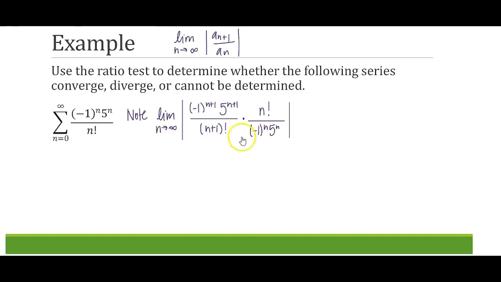Alright, now let's address the absolute value bars. The absolute value bars are going to actually eliminate for us these alternating terms. So negative 1 to the n plus 1, negative 1 to the n, those absolute value bars will allow us to ignore those terms. And everything else, 5 to the n plus 1, n plus 1 factorial, 5 to the n, all of that is going to be positive because we're evaluating this from 0 to infinity.